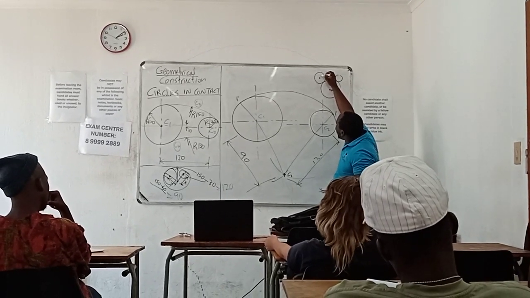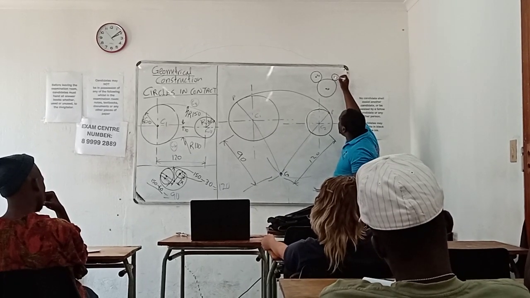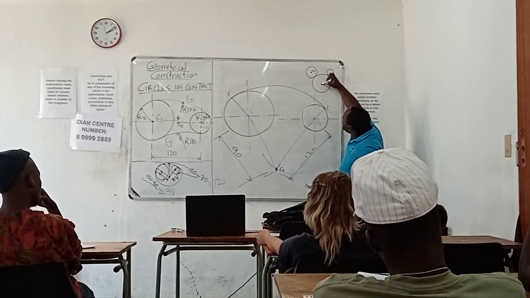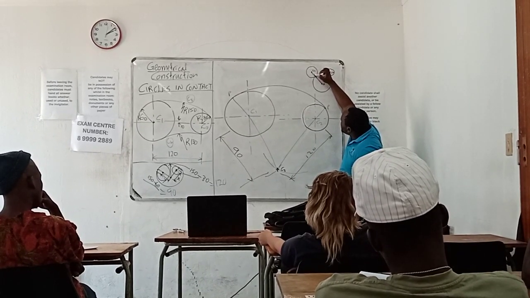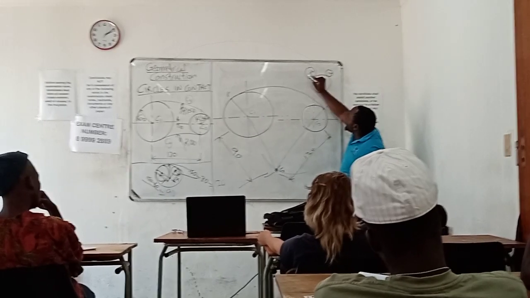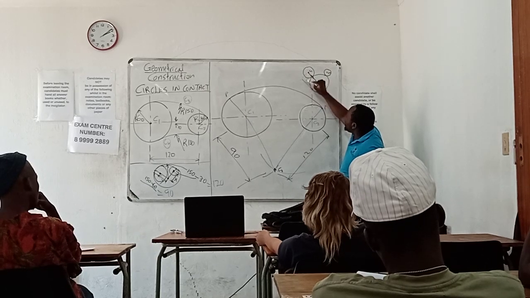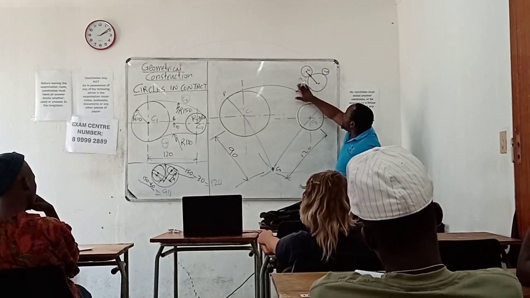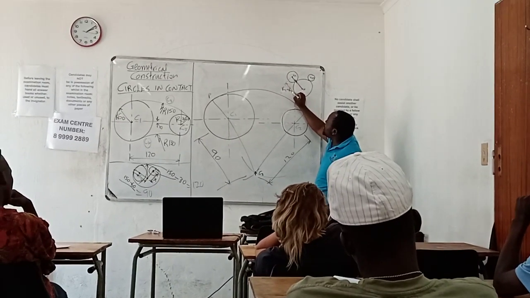I've got my center 1, my center 2. Now, for me to get to center 1, I'll go from center 4 and that. Can you see? So the distance I'm looking for is from there to there, which is radius 1 plus radius 4.